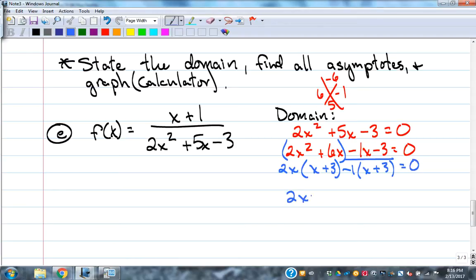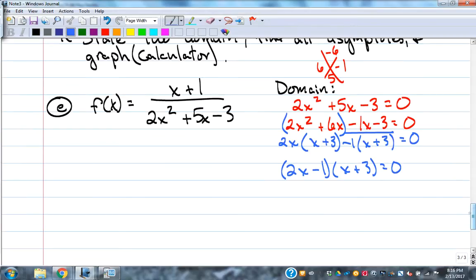So I have 2x minus 1 and x plus 3 is my factored form of the denominator. And I set those equal to 0. And solving those gets me x equals 1/2 and x equals -3.